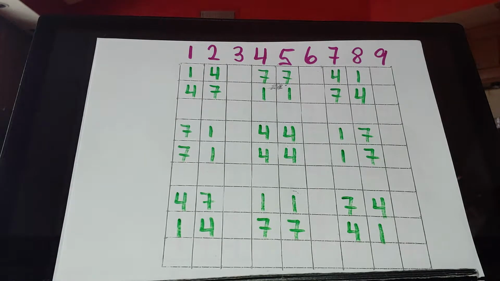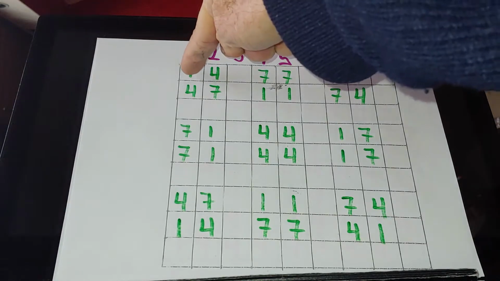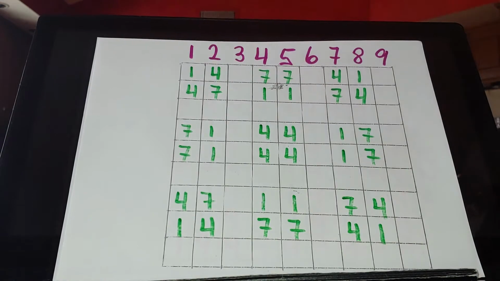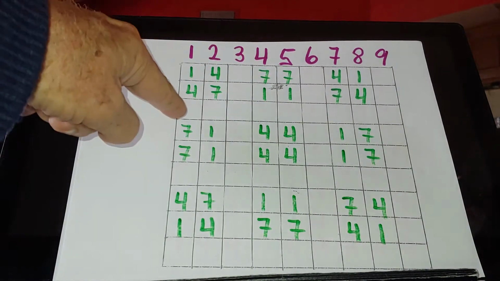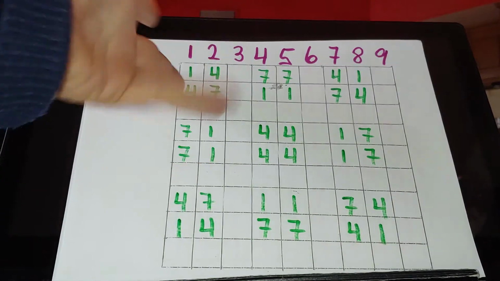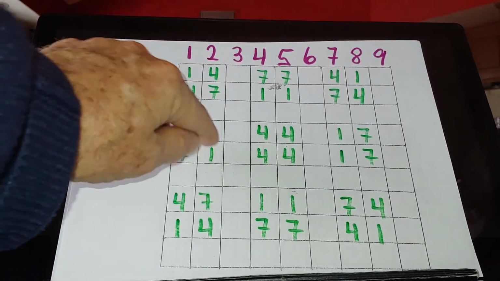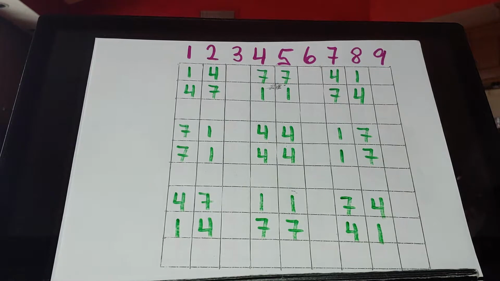Now, how are we going to do that? 1 and 4 is 5, and 4 is 13, and 7 is 20. That's a 2. 7 and 1 is 8, and 8 is 16, and 8 and 8 is 16.